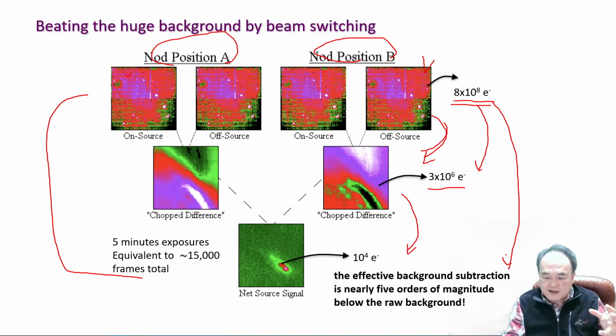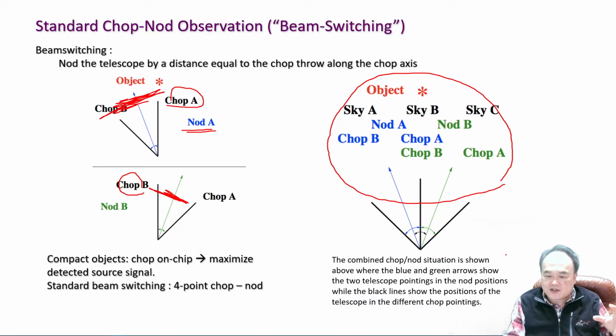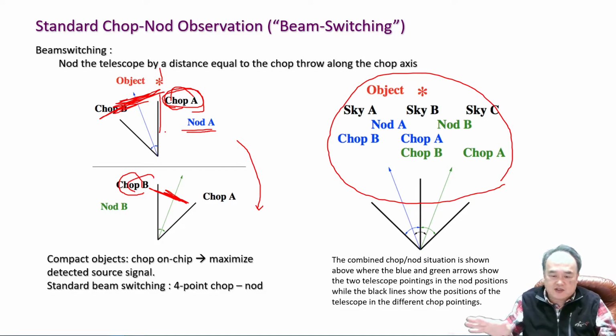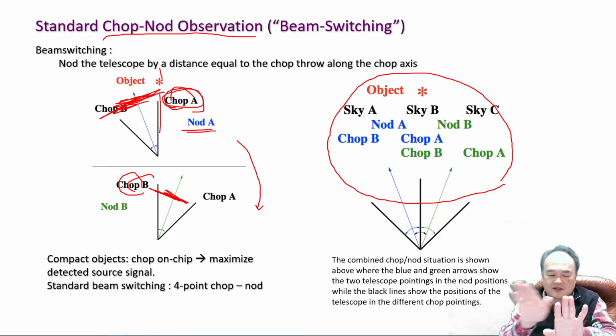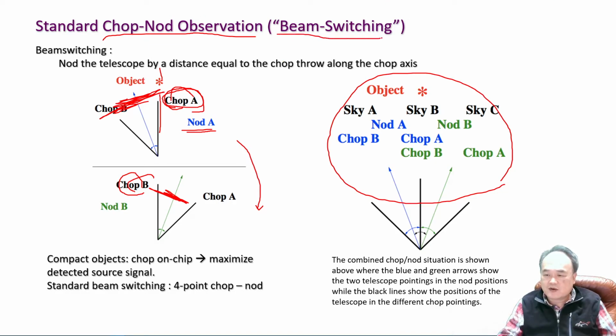Chop and nod operation is sometimes known as beam switching, because in nod A, chop A is on the target, and after the second nod, chop B is on the object. So the beam is switched at every nod position. This type of observation is known as chop and nod operation, or especially, nodding in the same magnitude and in the direction of the chop direction is called beam switching mode of observation.